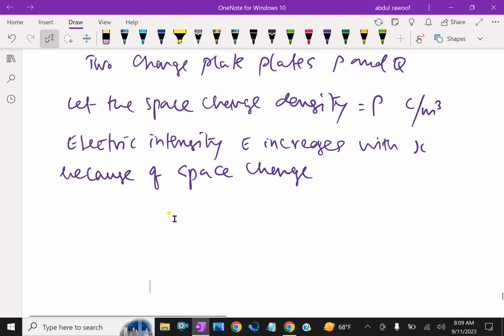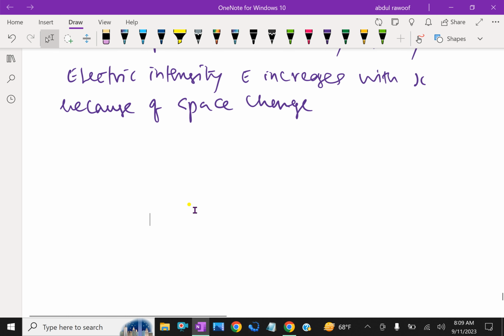Now consider a thin volume element of cross-section area A and thickness delta x.